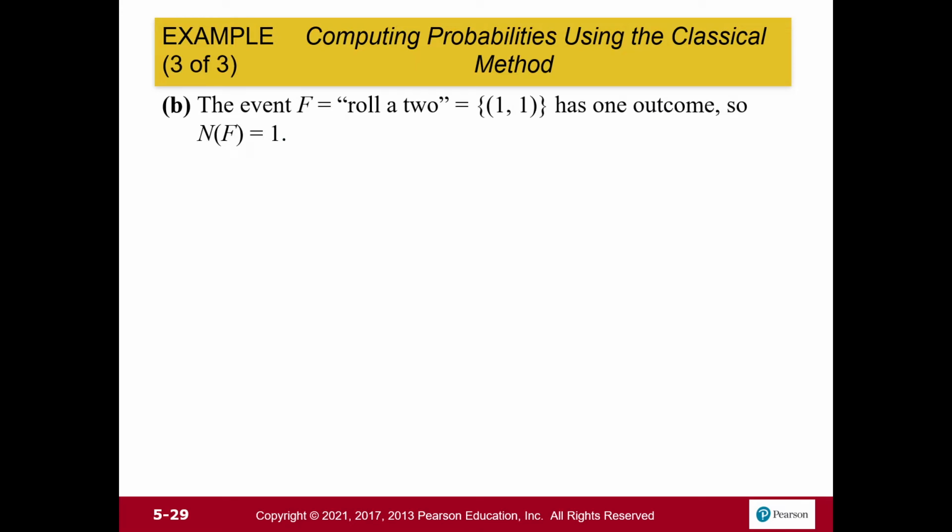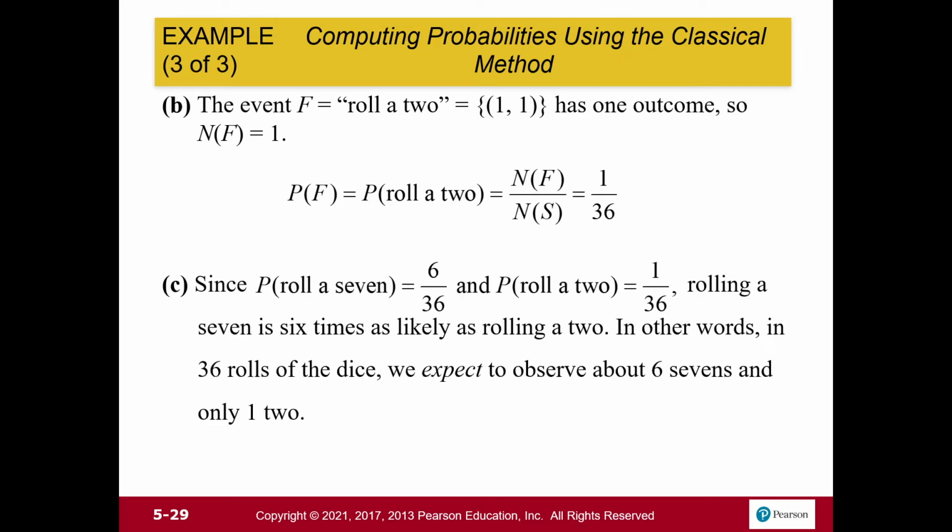How about the outcome of rolling snake eyes, which is 1 outcome? Well, that's 1 out of 36. Okay, and then finally, let's compare rolling a 7 versus rolling a 2. As you can see, the probability is 6 over 36 versus 1 over 36.